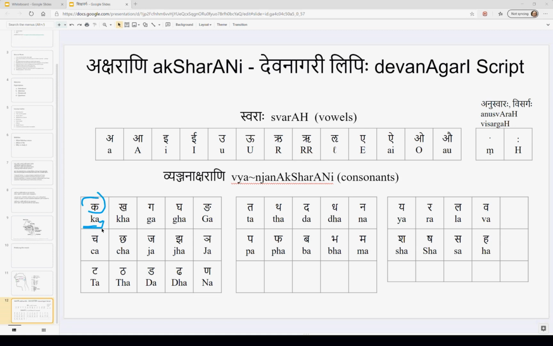See, tra is a combination of ta and ra. When you say tra, it has in it the ta and ra. This question comes up because some of the charts show ksha, tra, and gya as part of the Vyanjanam. Yes, that is how I studied Devanagari. They were all together in this chart.